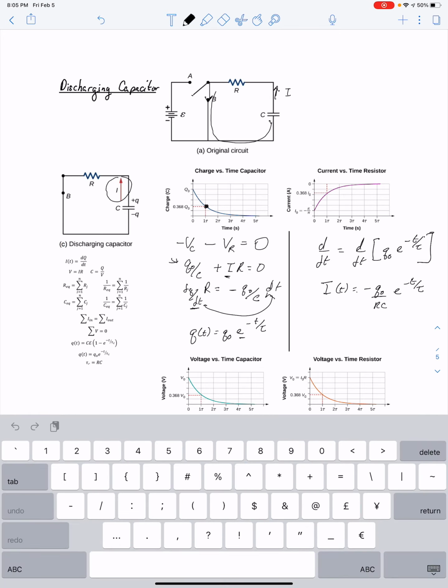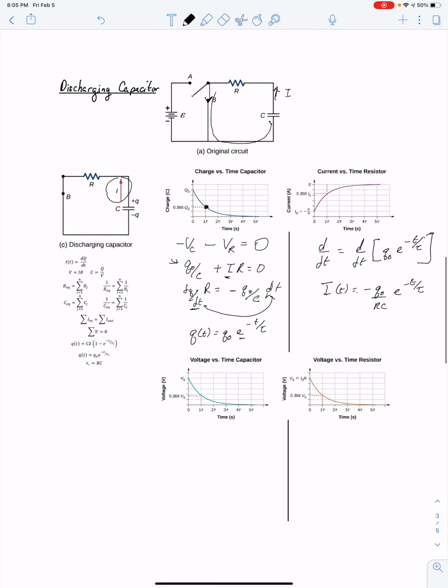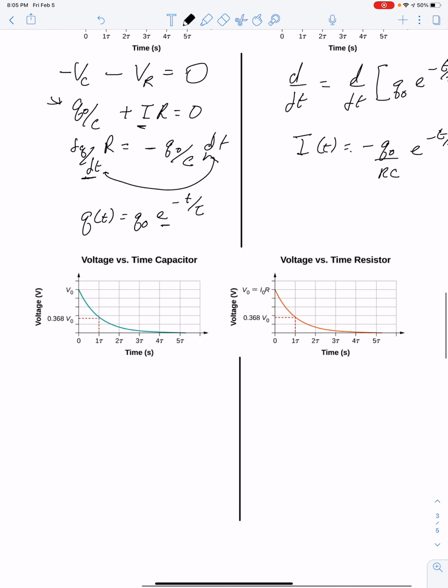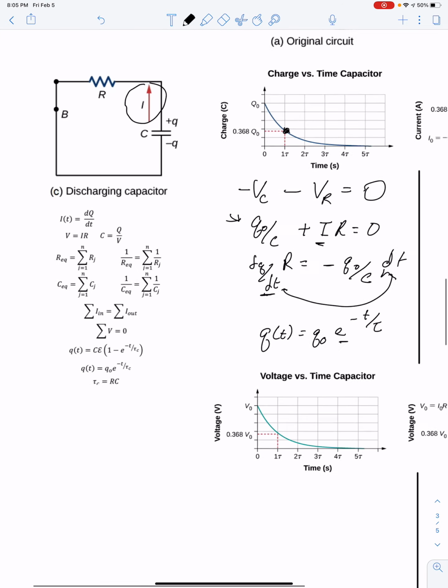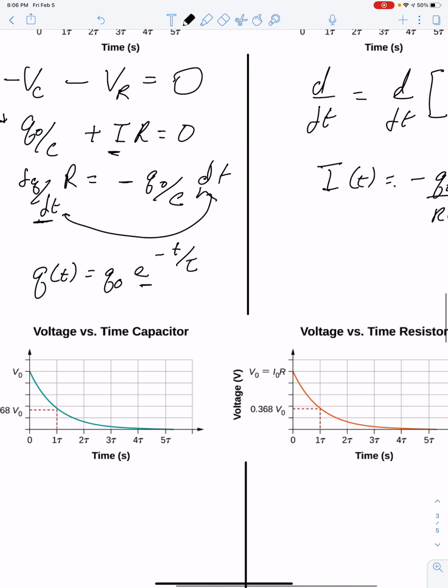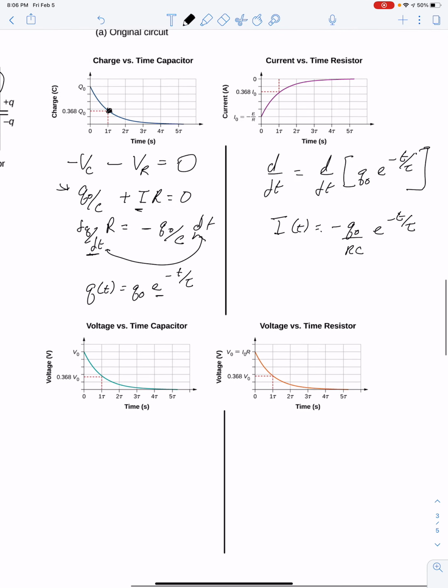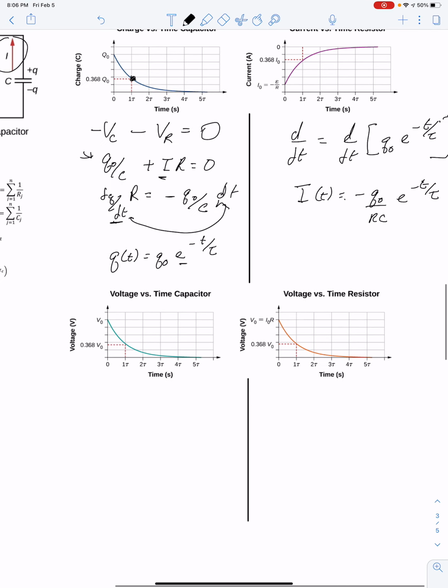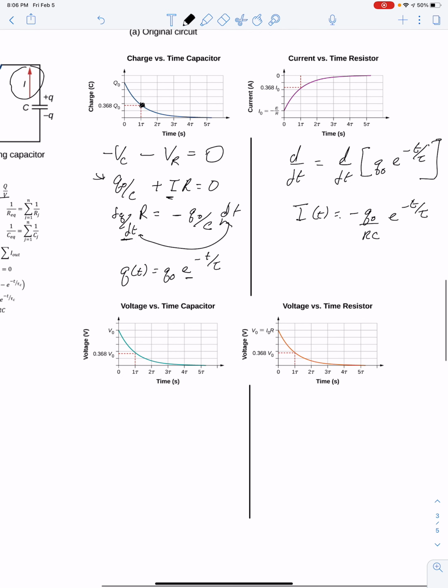I'm gonna leave this part to you. Okay, because if you understand the equations and are able to manipulate them correctly, you can come across the voltage across the capacitor and the voltage across the resistor over time.